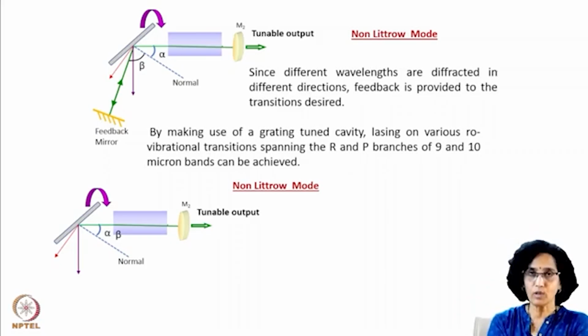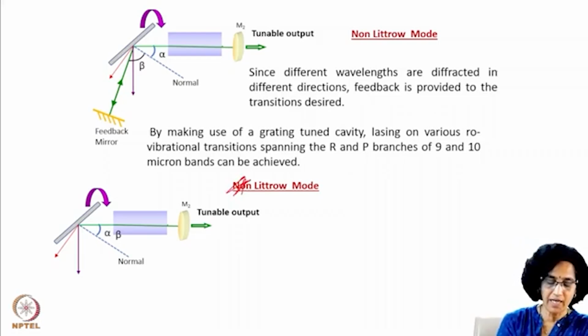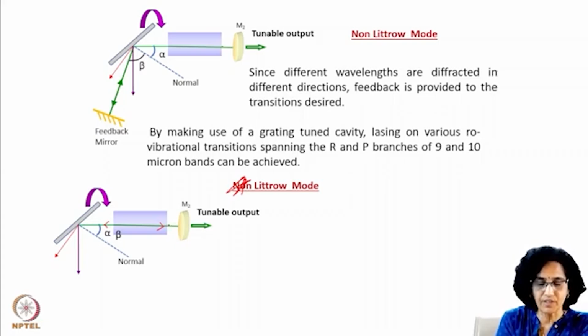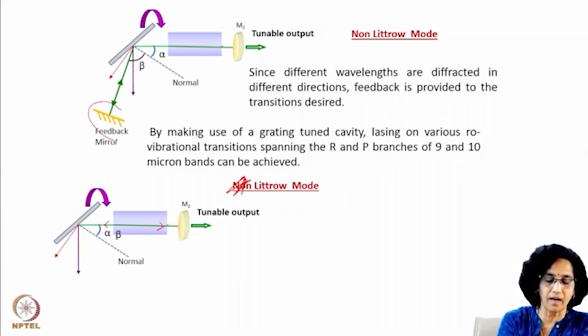Now, this grating can also be used in non-Littrow mode. We can also go in Littrow mode. So what is Littrow mode? Littrow mode is that you rotate the grating in such a way that the angle of incidence and angle of diffraction become the same. So this is the angle of incidence and angle of diffraction. The use of this is that you don't require this other mirror.